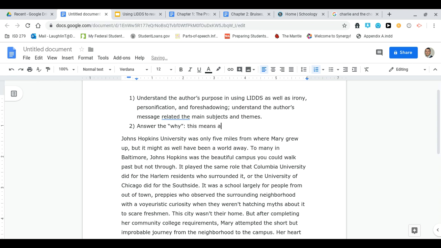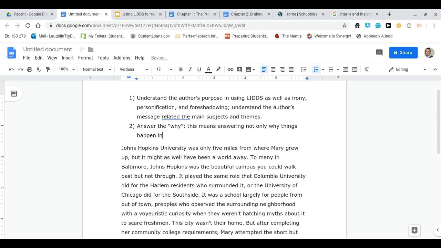This means answering not only why things happen in the story, but why they happen in the world too. And by being able to connect the text with the things you see in real life, although to be fair, The Other Wes Moore is a nonfiction story, so this is real life being documented in this book, answering the why helps you take books and make them relevant to you.